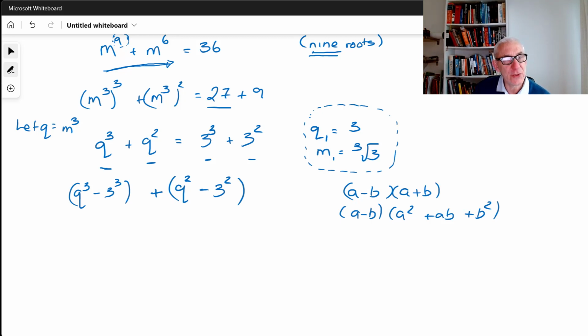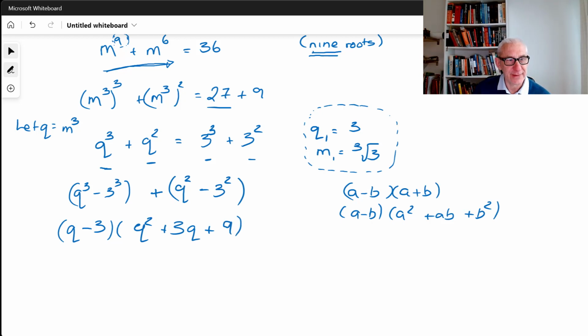So 3 cubed is going to allow us to write q minus 3 into q squared plus 3q plus 9.